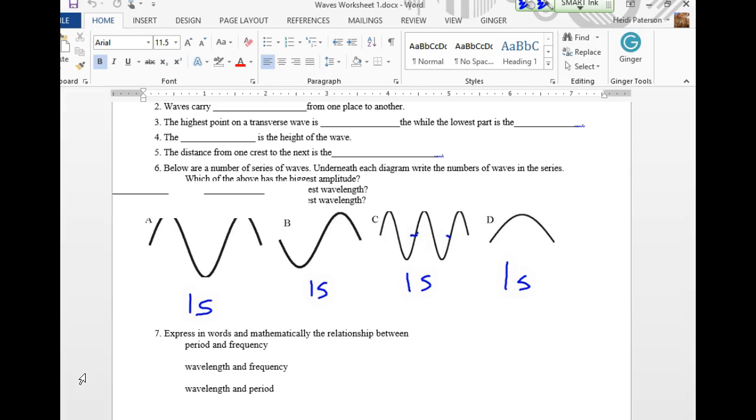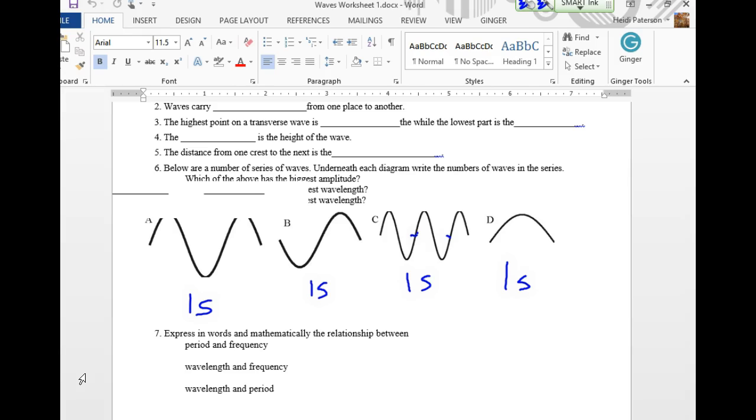It's always the opposite. Period is the time required for a vibrating object to complete a cycle. It takes 9 seconds for 1 wave to go by. So for C, it would be 0.25 seconds for 1 wave.